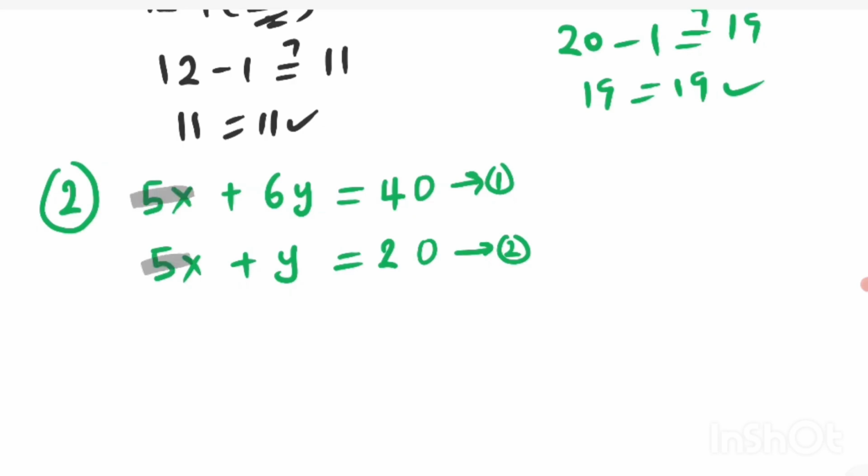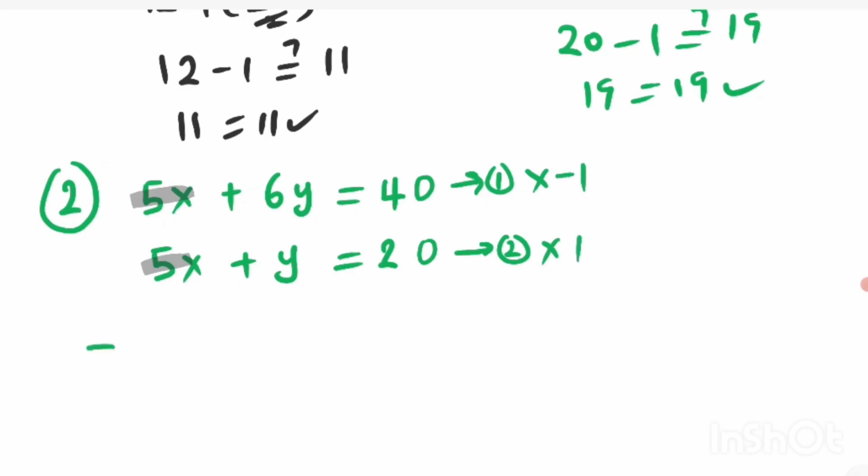You can see that the coefficient of x, they are the same here and here. Now, what do we do? We can easily eliminate x here. Now let's multiply equation 1 by minus 1 and equation 2 by 1.